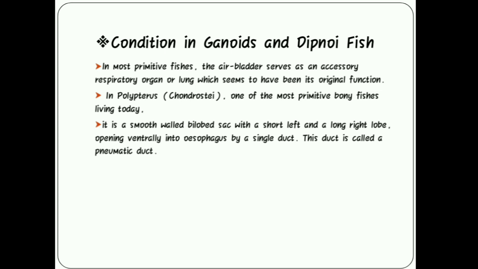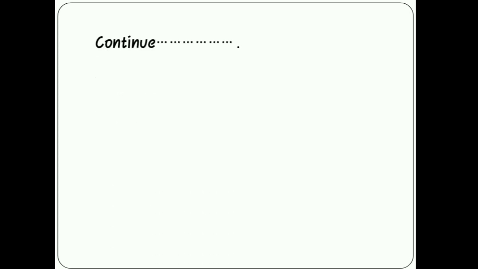We have discussed this in the figures. In Polypterus, the fish has two lobes, but the left lobe is smaller than the right lobe. These open into the esophagus through a single duct on the ventral side. This duct is known as the pneumatic duct.